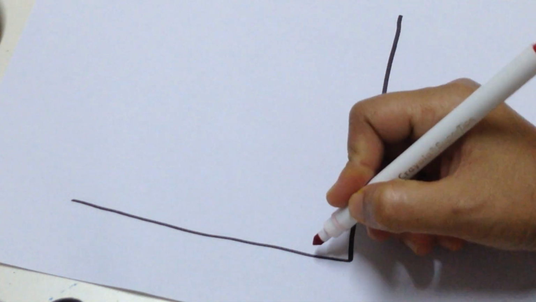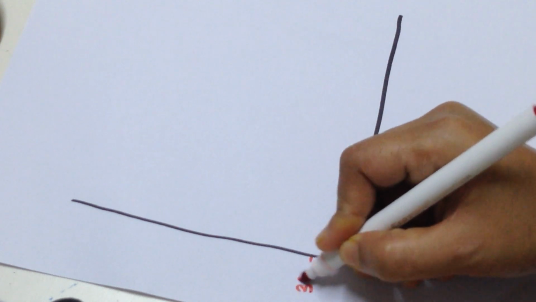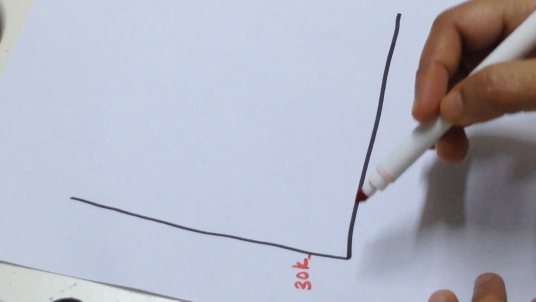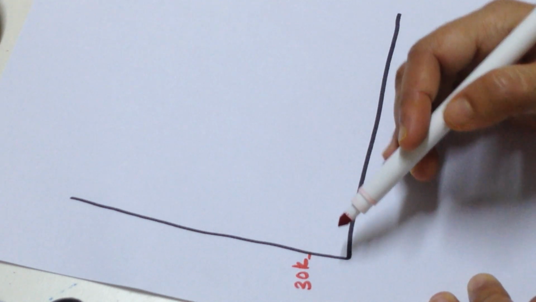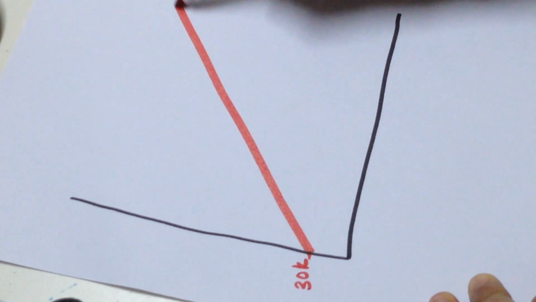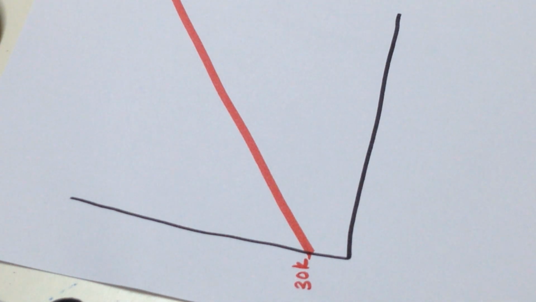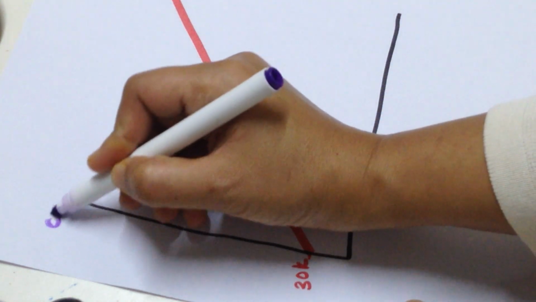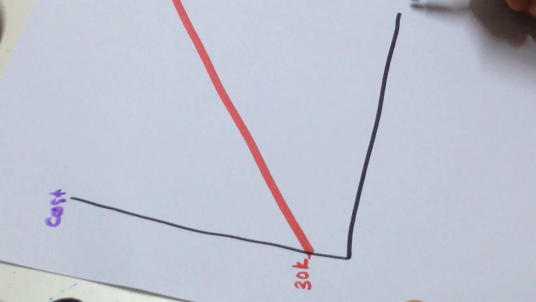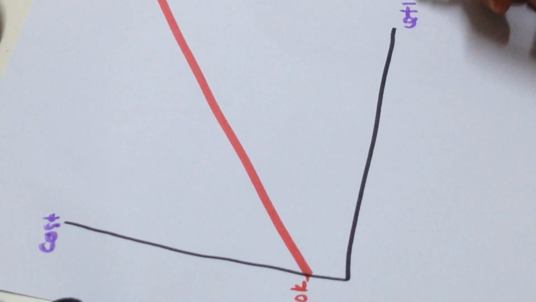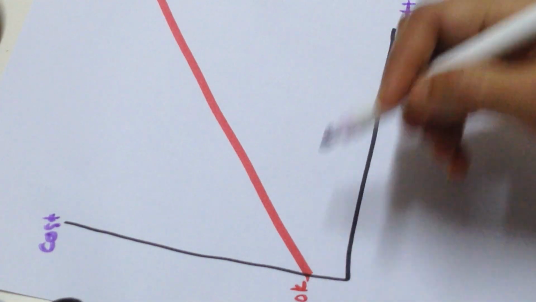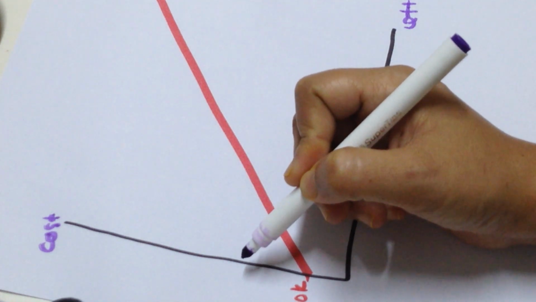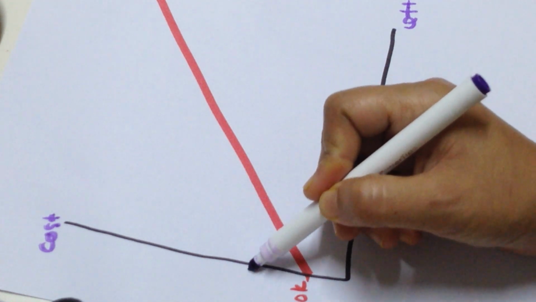So for A, we estimate 30,000, and then we just plot the graph. Then second one, B. This is the cost, and this is volume quantity. 60,000 will be here.